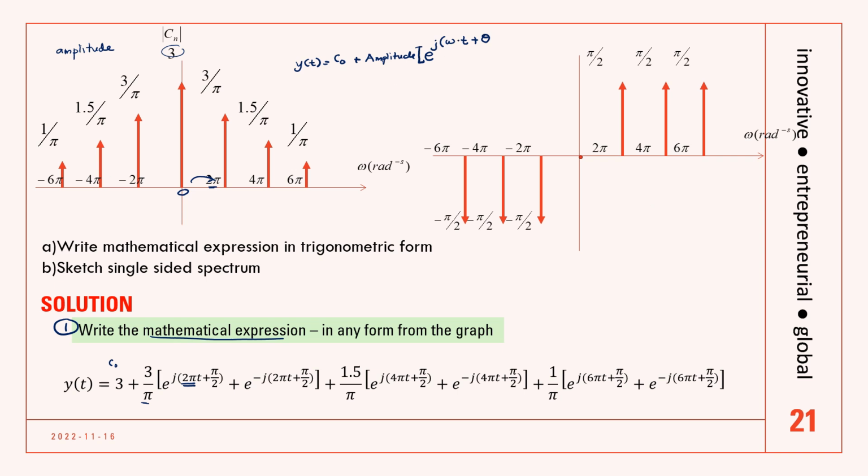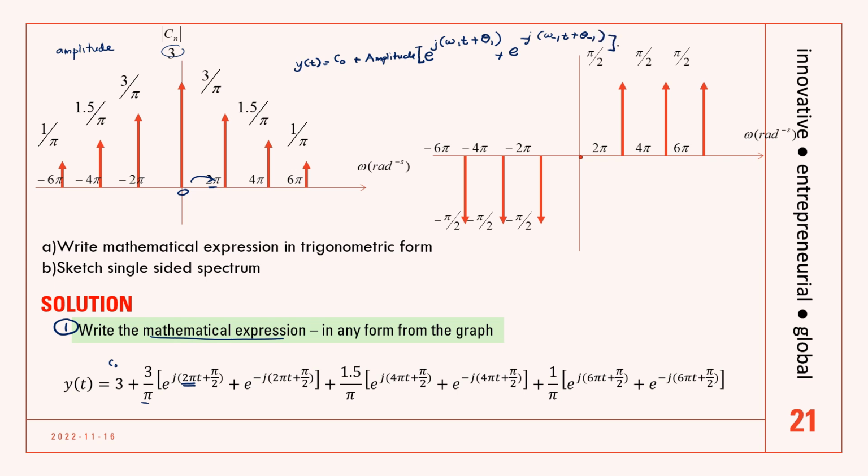Alright, so omega 1, theta 1. Okay, omega 1 theta 1, and then plus e to the minus j omega negative 1 t plus theta negative 1.